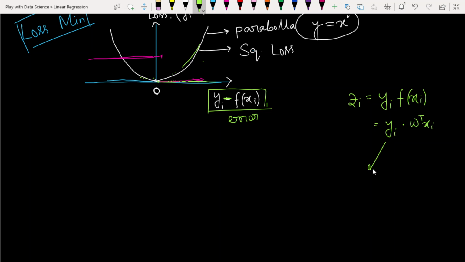If this is positive, then it is correctly classified, and if this is negative, then it is incorrectly classified.